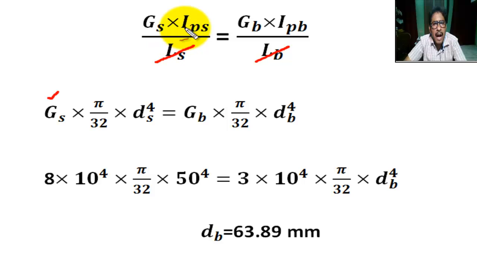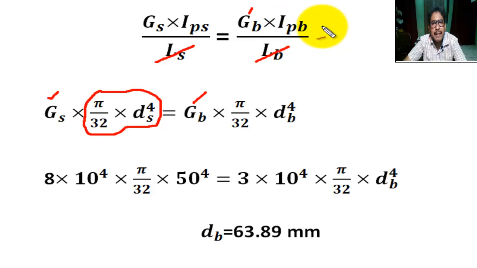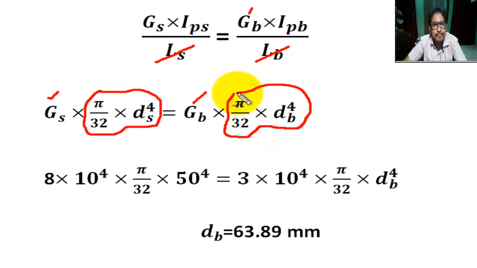Next, this is Gs, Ips equal to pi by 32 ds to the power 4. This is Gb, Ipb equal to pi by 32 dB to the power 4.